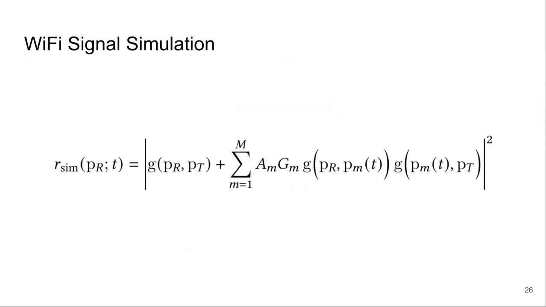Now, given the locations of the M 3D mesh points in the global coordinate system in the video, we can simulate the received Wi-Fi signal as follows, where P_R and P_T are the locations of the RX and TX respectively.